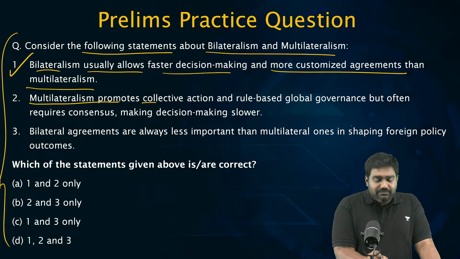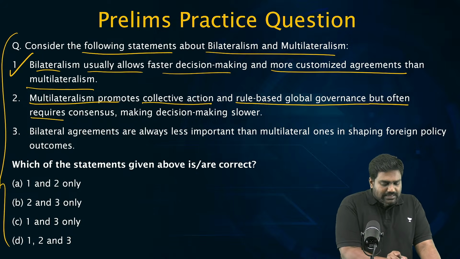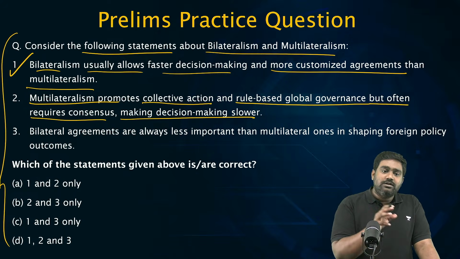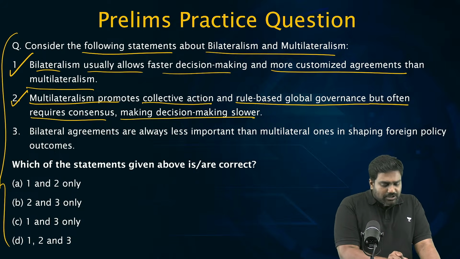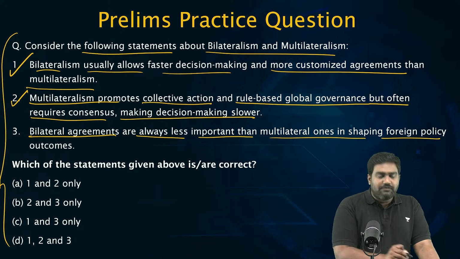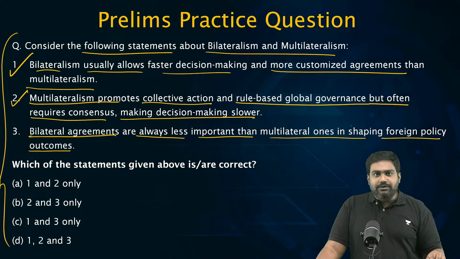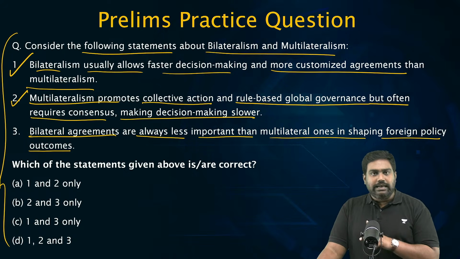Multilateralism promotes collective action and rule based governance, but often requires consensus, making decision making slower. Also correct. Bilateral agreements are always less important than multilateral ones in shaping foreign policy outcomes. What do you think? Can you tell me? Statement 3, wrong or correct, true or false?